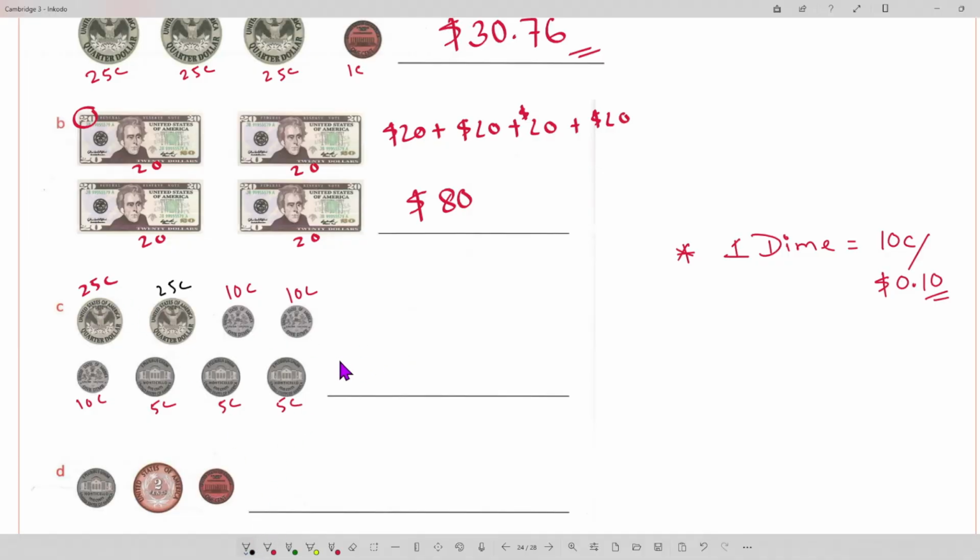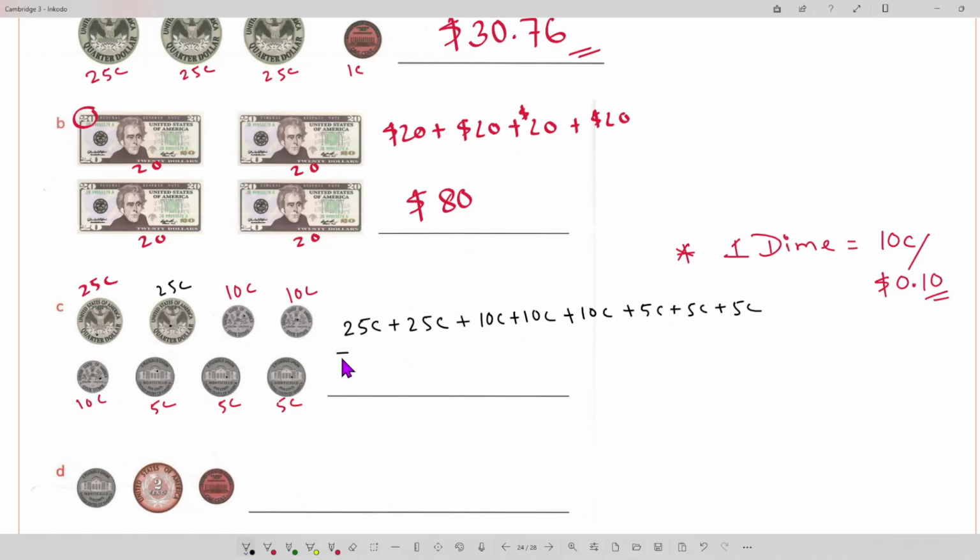So 25 cent plus 25 cent plus 10 cent plus 10 cent plus 10 cent plus 5 cent plus 5 cent plus 5 cent. So here is 1 2 3 4 5 6 7 8, 1 2 3 4 5 6 7 8.